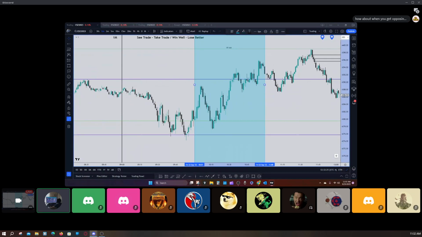How about when you get opposing information from higher time frame setups? So I said before that the price action you're in can overrule your environment. If I see the criteria, I'm still going to take the trade whether I have these levels above me or below me.